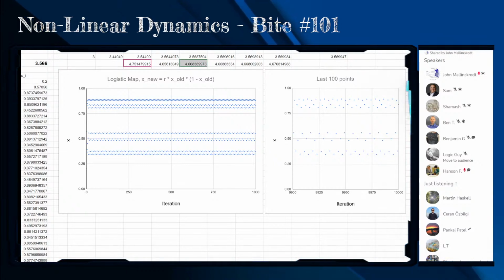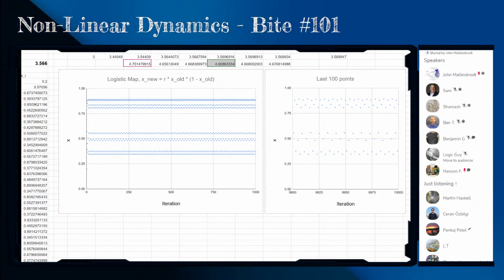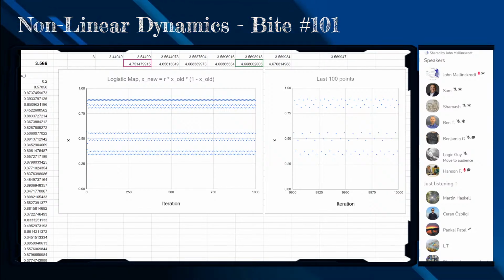And it's speculated that the number is a transcendental number, but there's no proof that it is even an irrational number. In other words, there's no proof that the Feigenbaum constant isn't the ratio of two integers, which I just find completely fascinating.